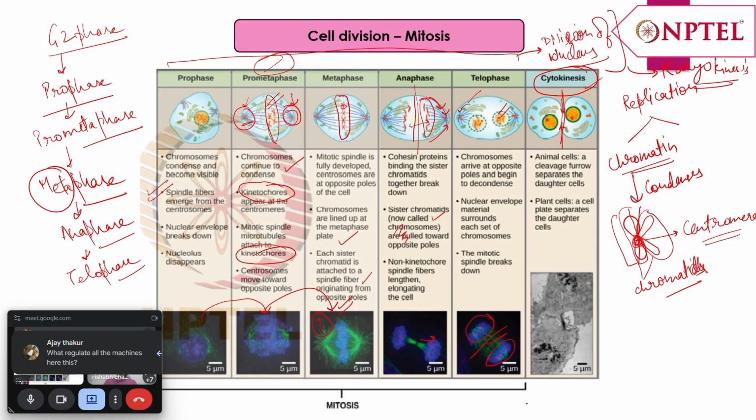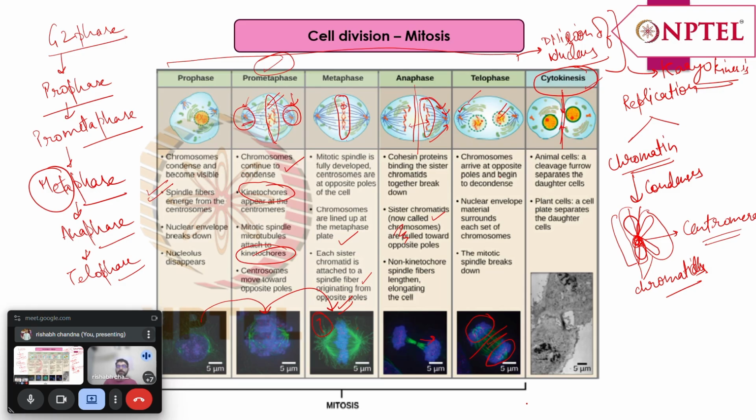So basically there are different proteins that are involved. I have not gone into that detail, but there are proteins that help with condensation, decondensation, and the movement of the chromosomes to the different plates or different parts of the cell.